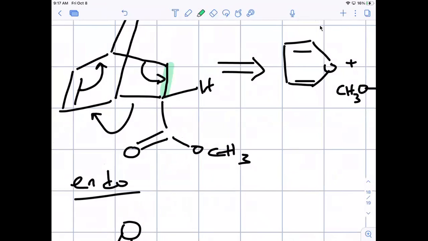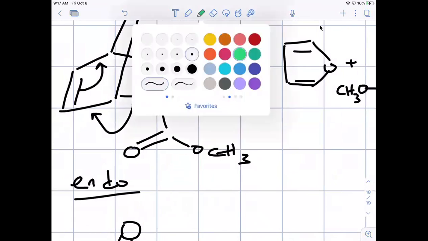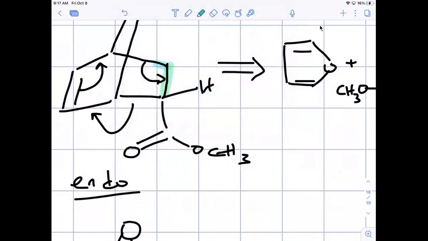That's a great question. I know it looks weird, but when I break that sigma bond, that bond is going to disappear, right? But the electrons are going to go there to make a pi bond between these two carbons right here, and the ester just happens to be bonded to that other carbon.